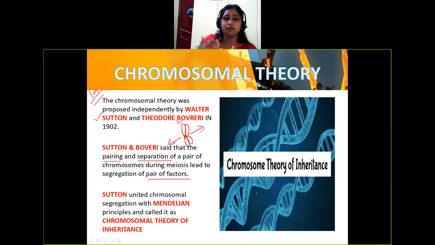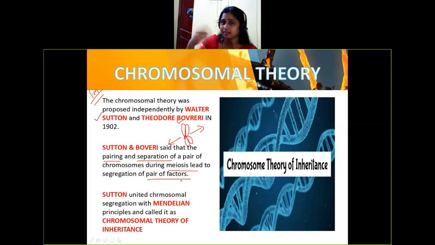Just a recap, we saw prophase, metaphase, anaphase, and telophase. You have to think about the stage. Our work is not to write the stage here. We have to know how they are pulled apart, and in which stage. And during meiosis, mostly we'll concentrate on meiosis, because of gamete formation, which leads to segregation of a pair of factors.